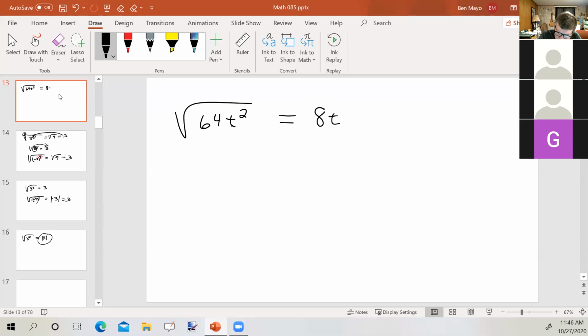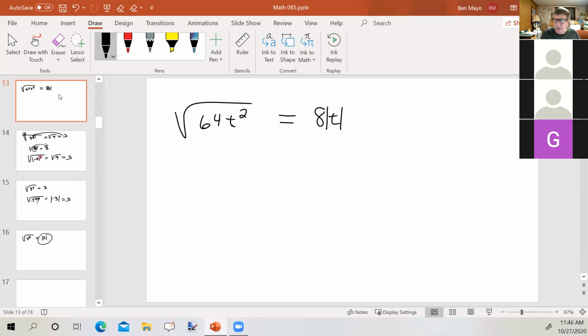T. But what do I need to do? Put the absolute value around what? Would it just be the t or both the 8 and t? Just the t. You don't need it on the 8, because 8 is 8. We know that 8 is positive, but we don't know what t is. You all right with that?